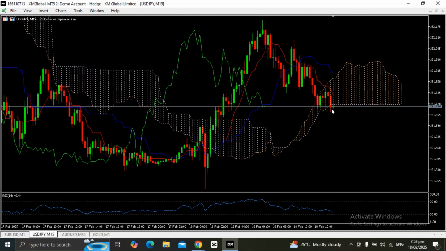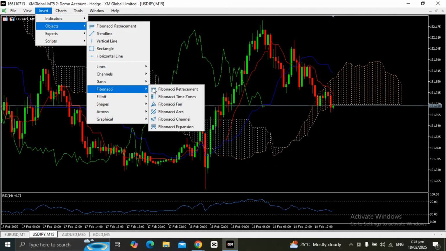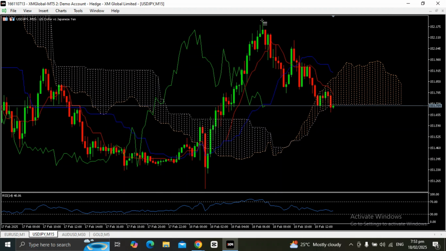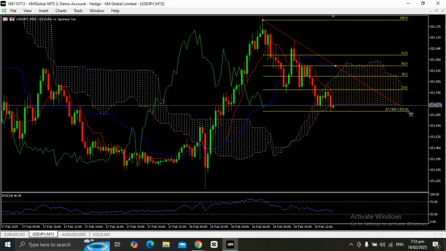Okay, if the price bounces up and it's already clear that it has bounced up, then you will change your Fibonacci into like this. So you start with the highest down to the lowest.